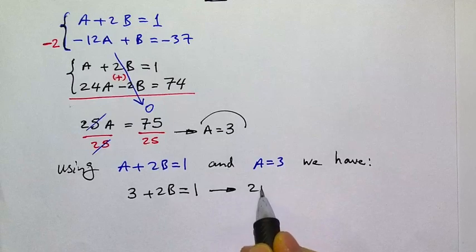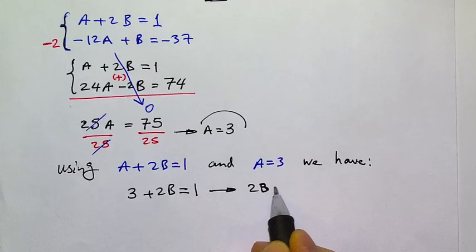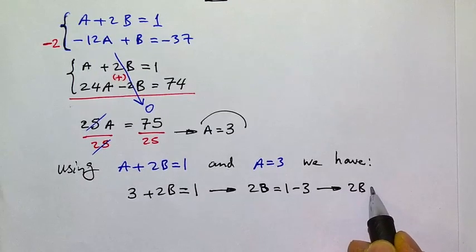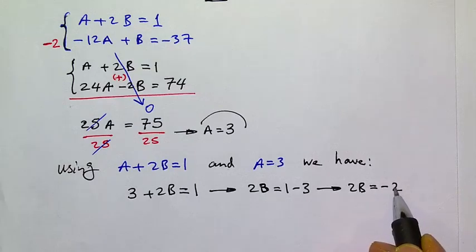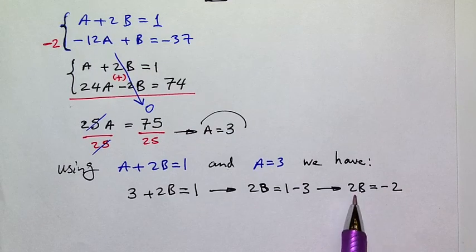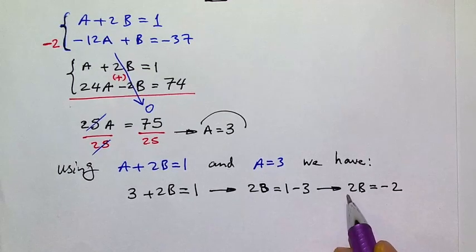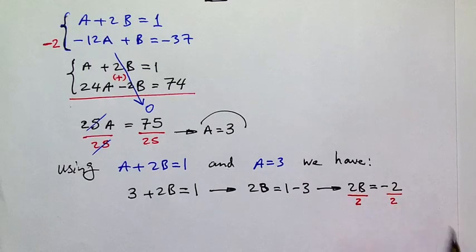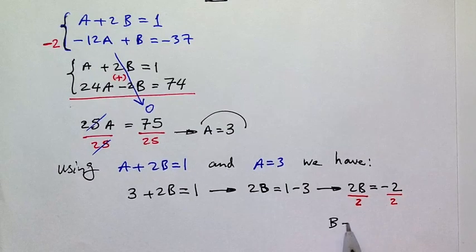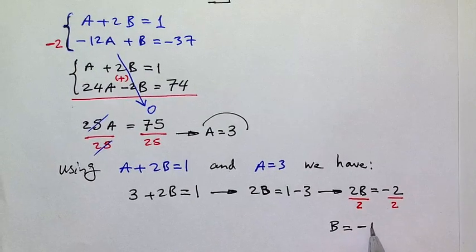That means that 2b is going to be equal to 1 minus 3, and 2b equals minus 2. And now, again, we're solving for the variable b. That means we need to isolate b. Is b isolated right now? No, it's got a 2 next to it, so let's get rid of it. How do we do that? We divide by 2 because it was being multiplied by b. So we get rid of it by dividing both sides by 2. So we get b equals negative 1 on that side, right?